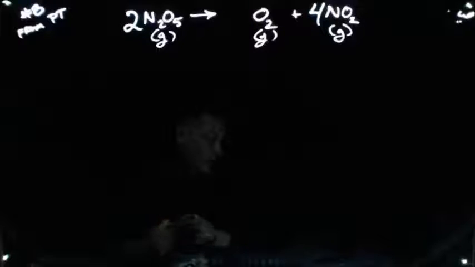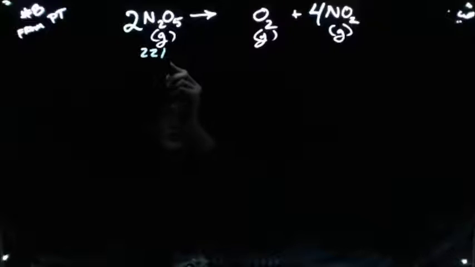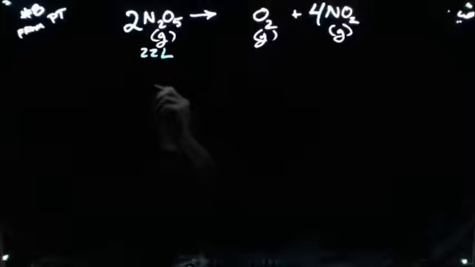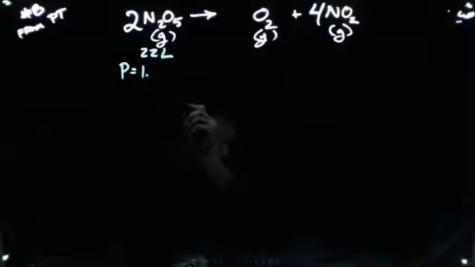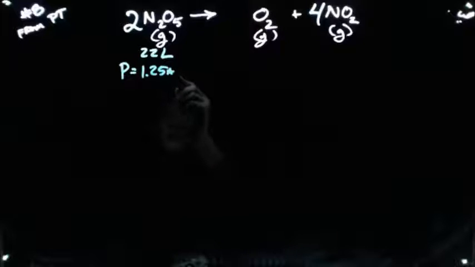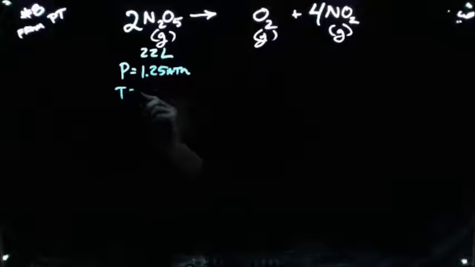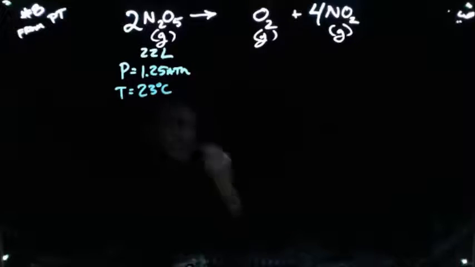All right, and then the question is, if you have 22 liters of N2O5, so I've got 22 liters of this guy at a pressure of 1.25 atmospheres and temperature is 23 degrees Celsius.